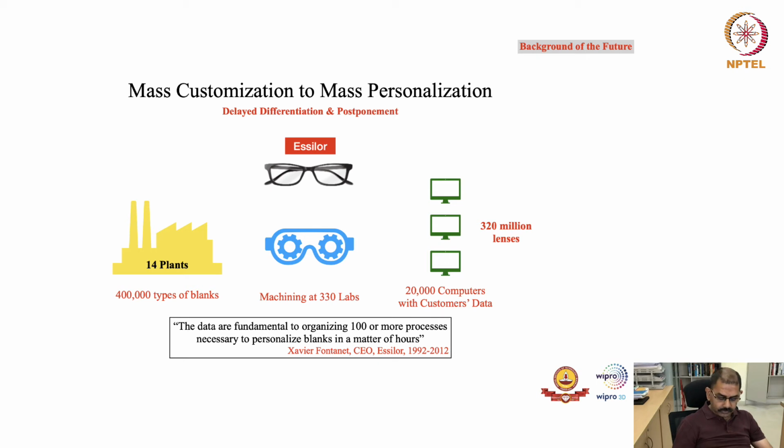In fact, the former CEO of Essilor quotes that the data are fundamental to organizing 100 or more processes necessary to personalize blanks in a matter of hours, right? So, in fact, you can see the concept of variety, you can see the concept of speed, cost will always be there, right?